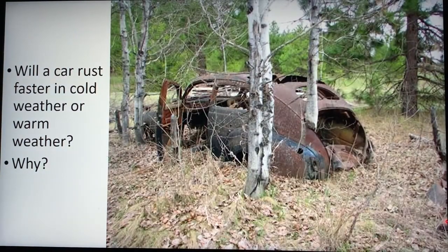So that pretty much answers this question. Will a car rust faster in cold weather or warm weather? And you're going to have to write why, okay, based upon that last slide. So you can finish that question later. It's a pretty cool picture, I think.